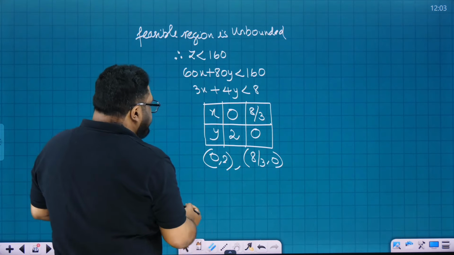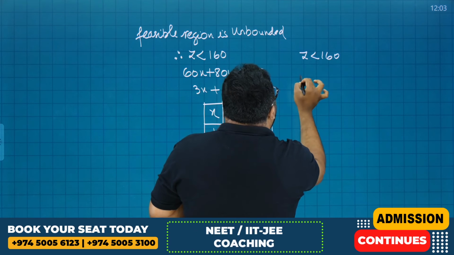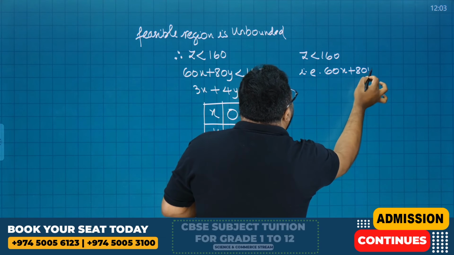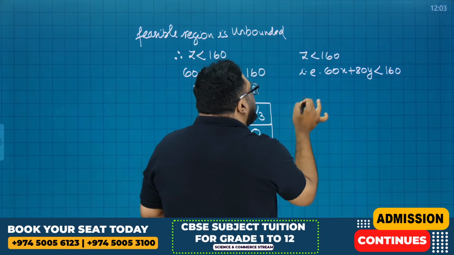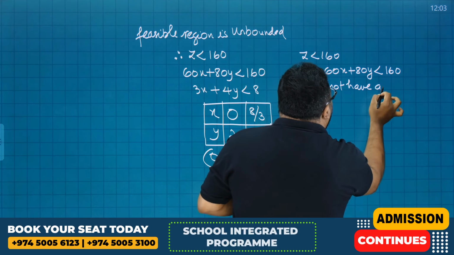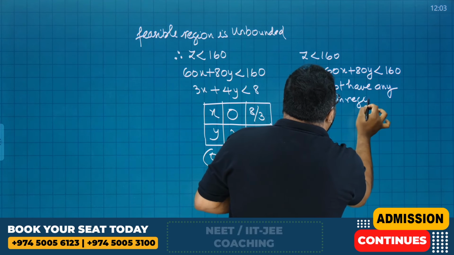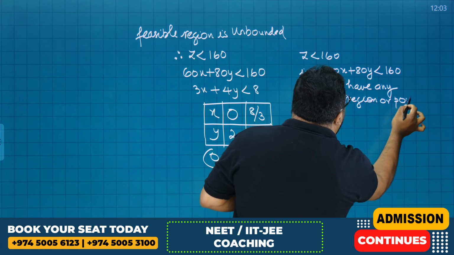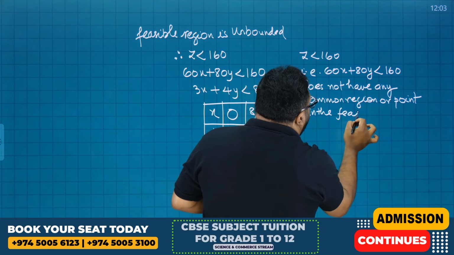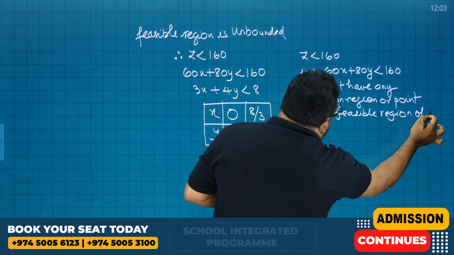So we will conclude that Z less than 160, that is 60x plus 80y less than 160, does not have any common region or point in the feasible region of the LPP.